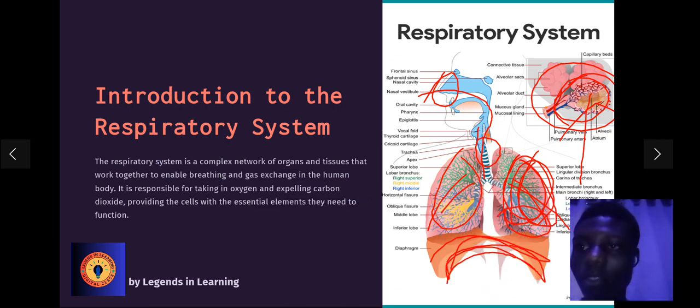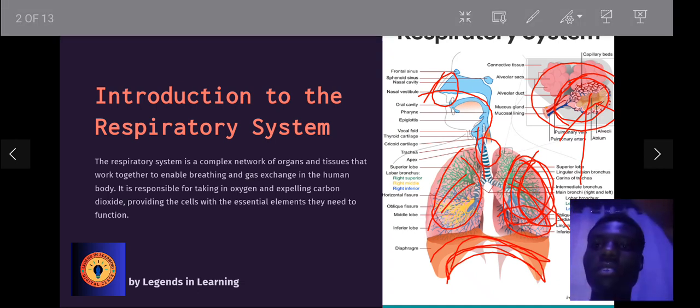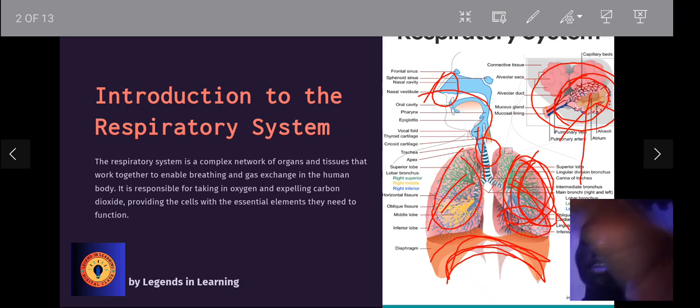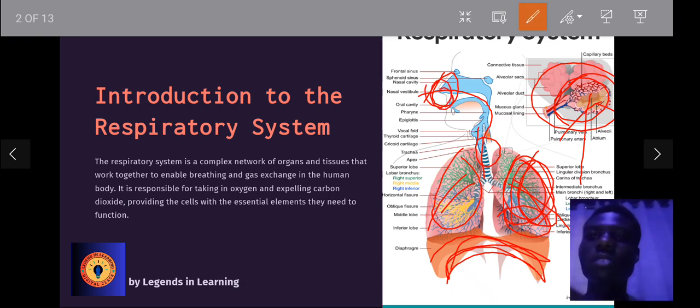We can say that the respiratory system is a complex network of organs and tissue that work together to enable breathing and gas exchange in the human body. As you can see here, at the top, that's the nose.